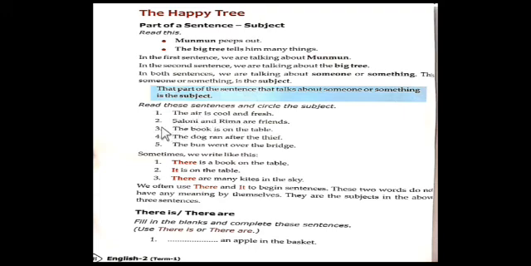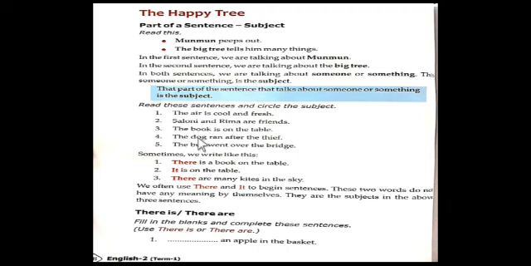Then the third one, the book is on the table. In this sentence, the book is the subject. The book, only the book. Circle the words the book. Then the fourth one, the dog ran after the thief. So here the dog is the subject.